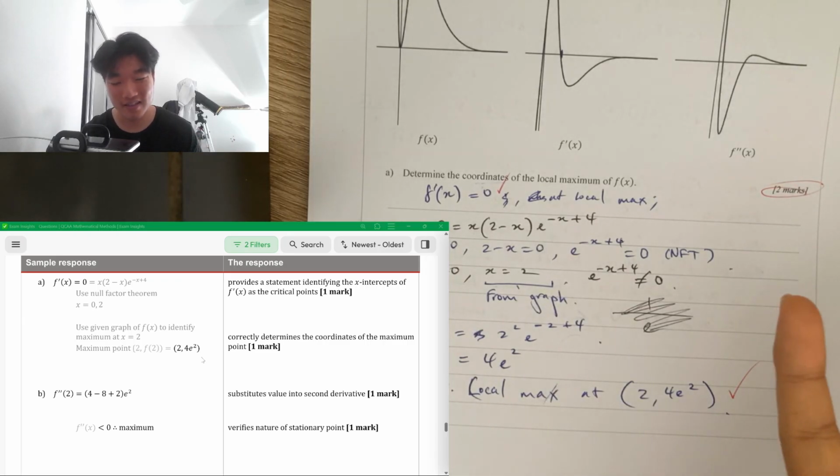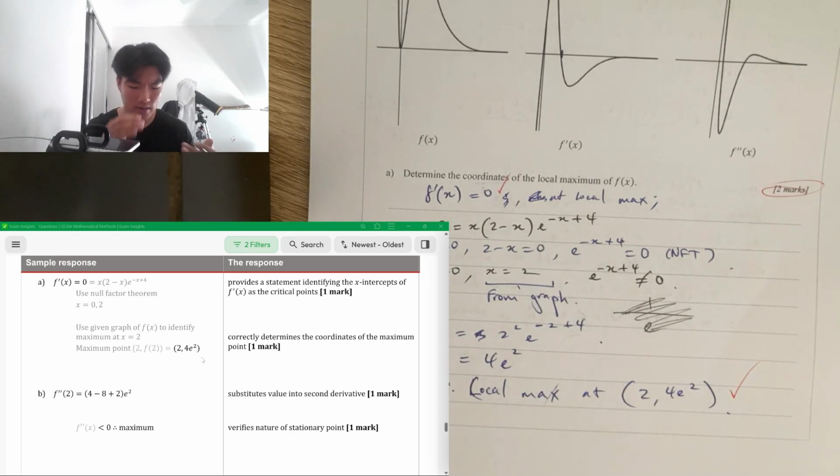Let's say you have e to the negative x, right? It's basically the same as saying 1 over e to the x. So then you're dividing it by greater and greater numbers until it's very, very small, but it's not going to be 0.